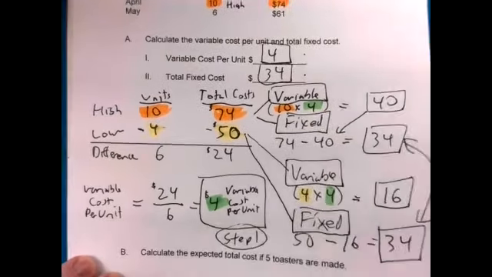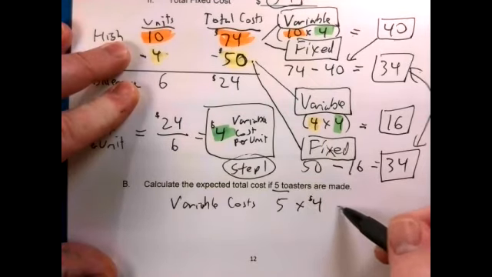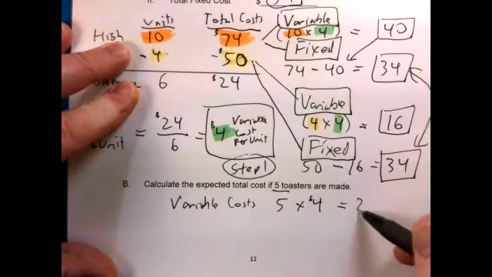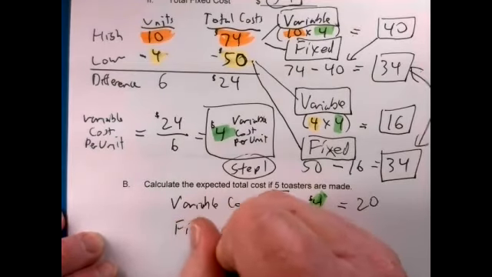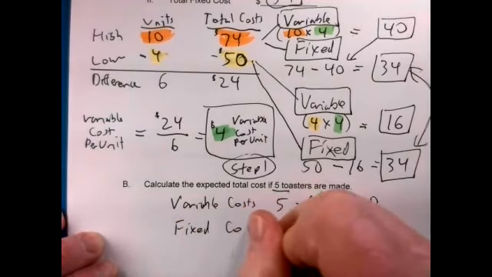If 5 toasters are made, the variable cost would be 5 times the $4, and the fixed cost would be 34. That would be the total cost.